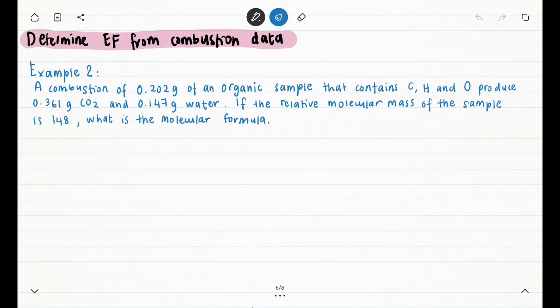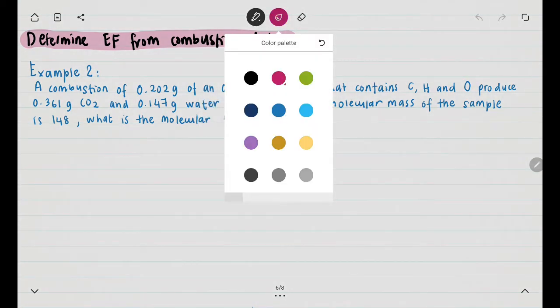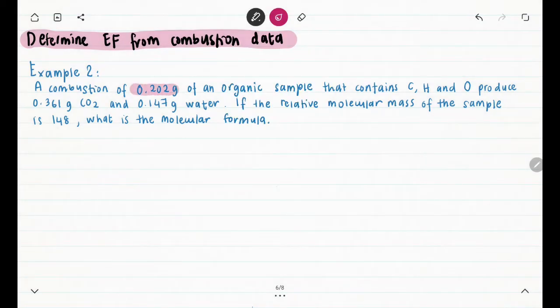What is the molecular formula? Right now, given the mass of sample 0.202, the mass of carbon dioxide 0.361 and the mass of water 0.147 gram, and also given the molecular mass 148, we calculate the molecular formula.